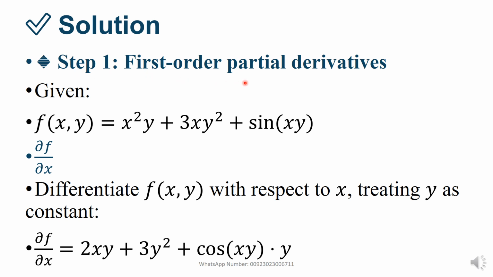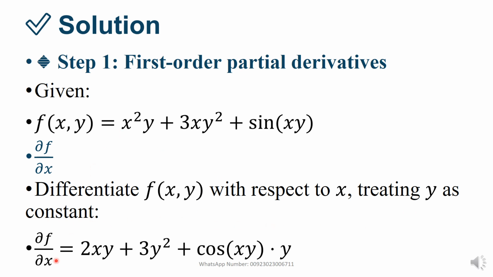First order partial derivatives. When the function is given, we find partial f upon partial x. Differentiate f of x comma y with respect to x, treating y as a constant.